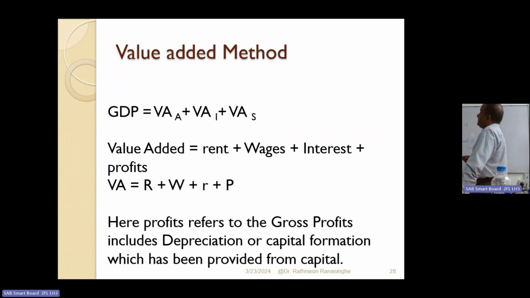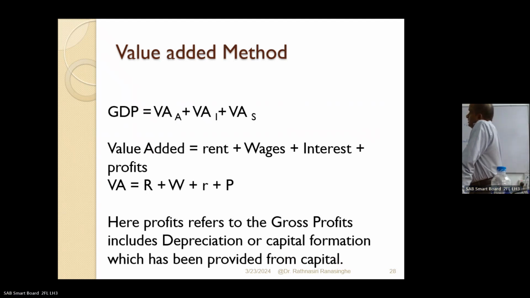In other words, value addition can be taken as rent, wages, interest, profits, right? That is the value addition according to the income method. The previous one is the output method, where we measure the total output based on the value addition of each sector.